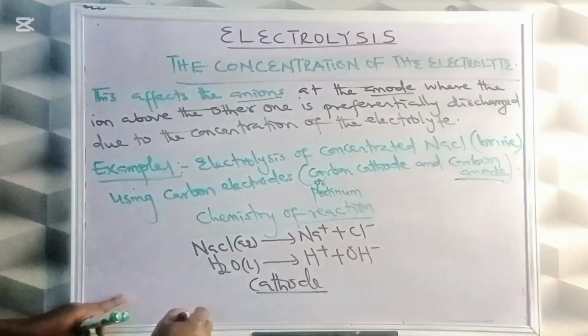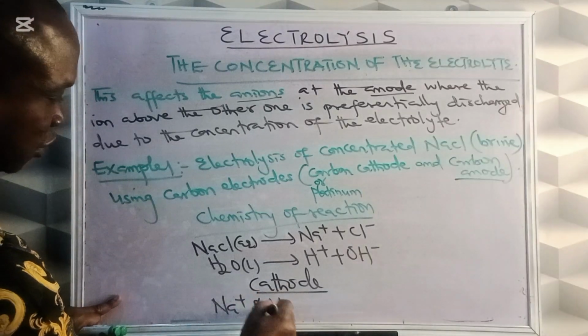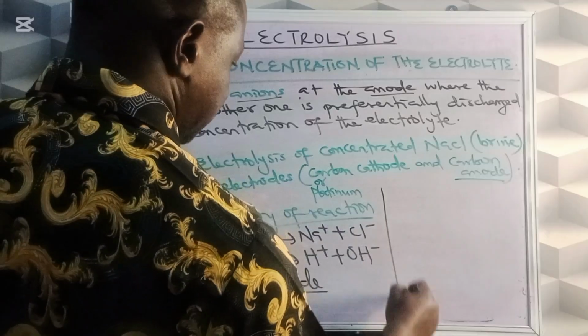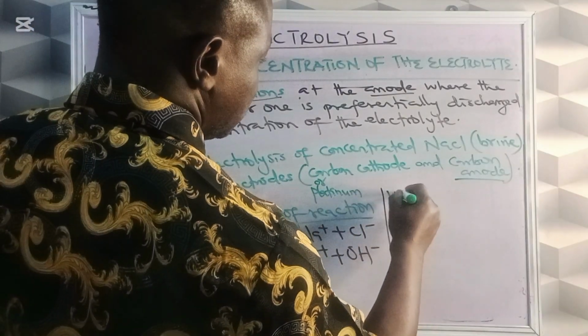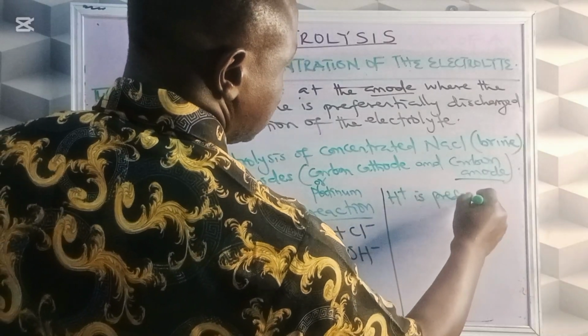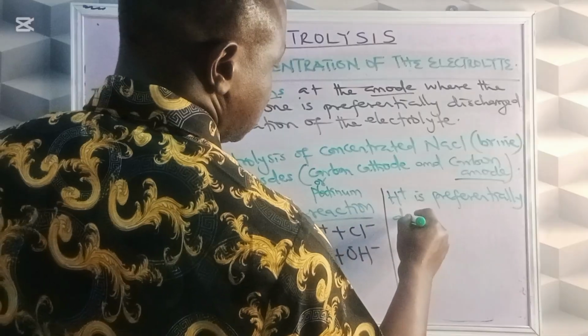So at the cathode, sodium ion and hydrogen ion migrate to the cathode. At the cathode, hydrogen ion is preferentially discharged.